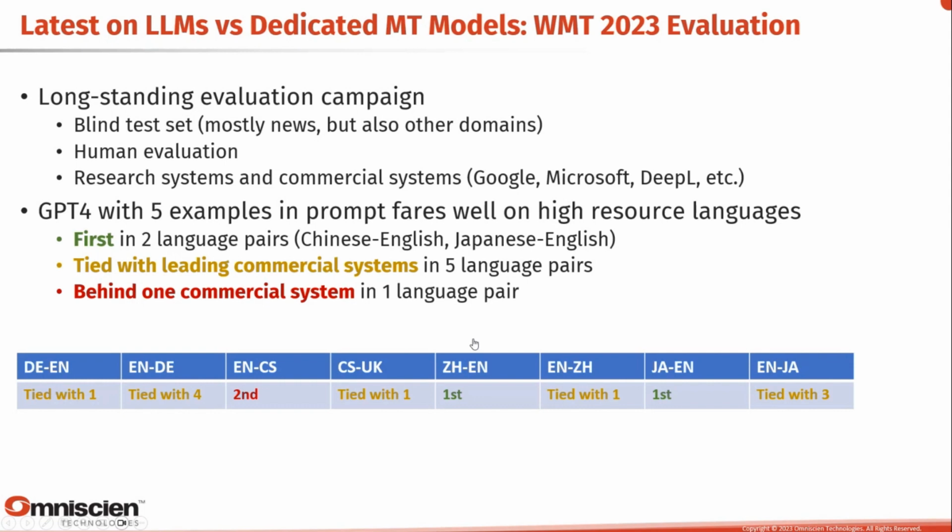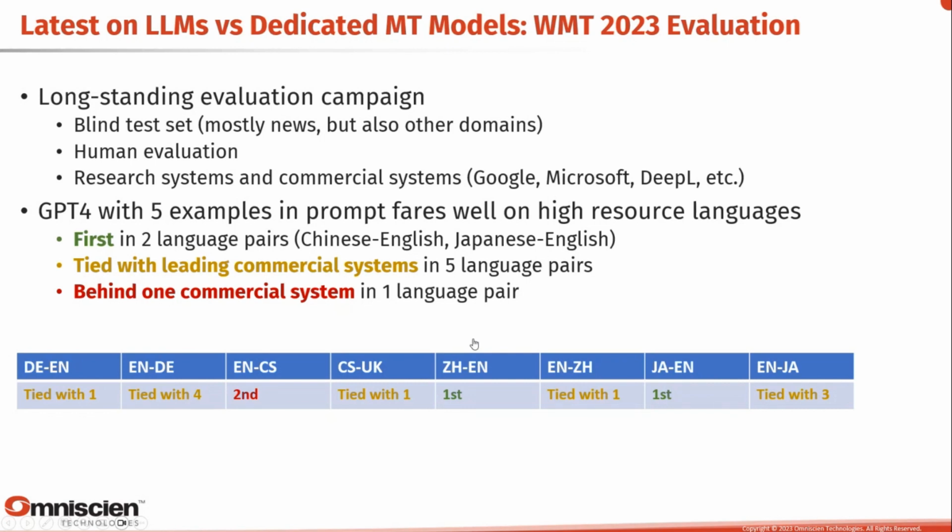Here's now something totally off the shelf. This will be announced later this week at the Empirical Methods in Natural Language Processing conference, where the WMT results of 2023 will be released, where not only research systems are evaluated, but also the leading online systems, things like Google, Microsoft, DeepL, and also GPT-4 that is prompted with 4 translation examples, and it does really well.